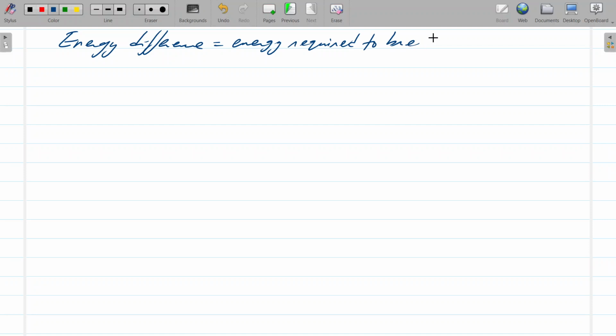Energy difference equals energy required to break bonds minus energy given off when bonds are made.